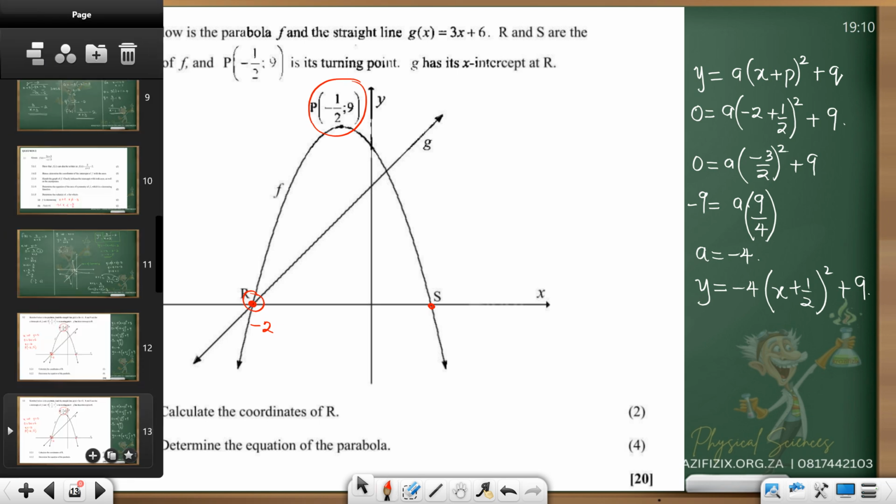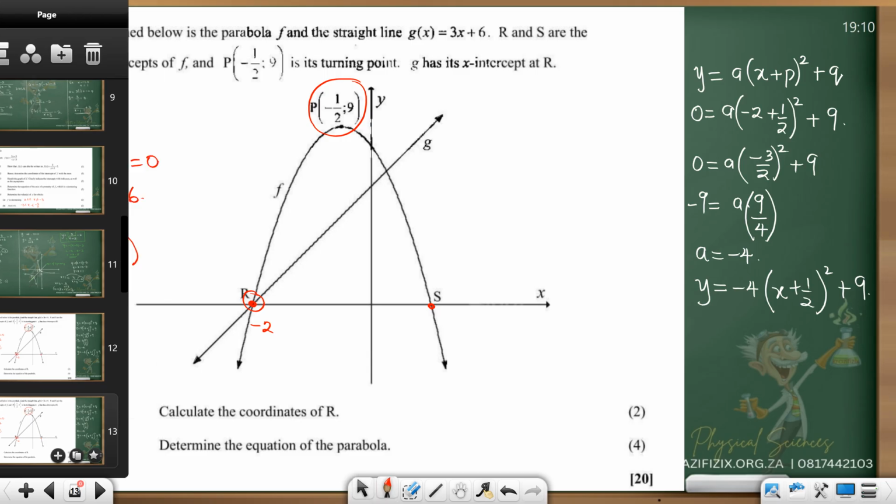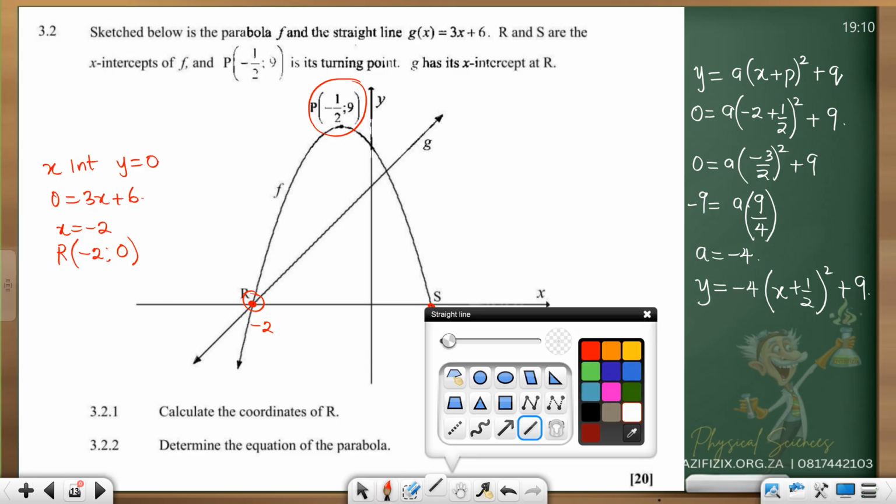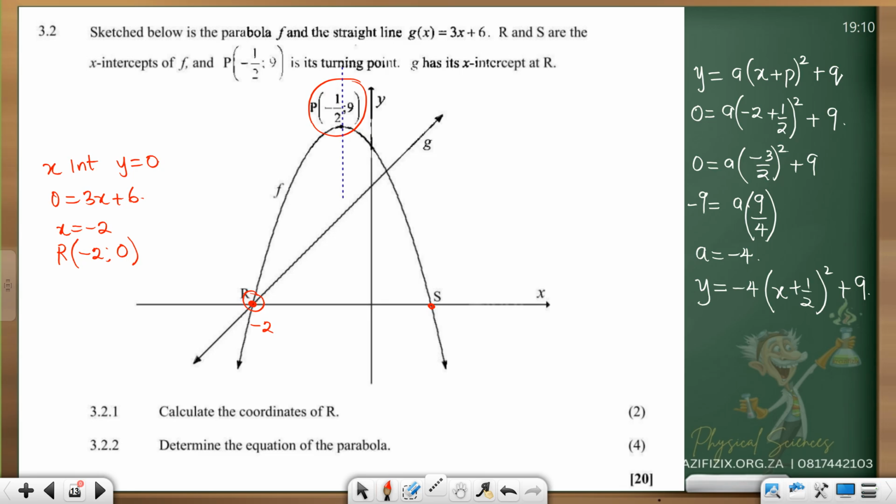Here, you've got to know your functions now on this second method. Guys, look at this. This is -½. You're going to ask yourself a question. How many units are there from here to here? You say right minus left. -½.